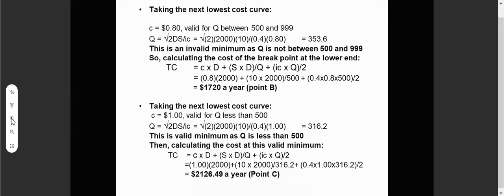So calculating the optimum order quantity, we found that the optimum order quantity is 353.6 unit. So this value of optimum order quantity is also invalid for the price of 80 cent.